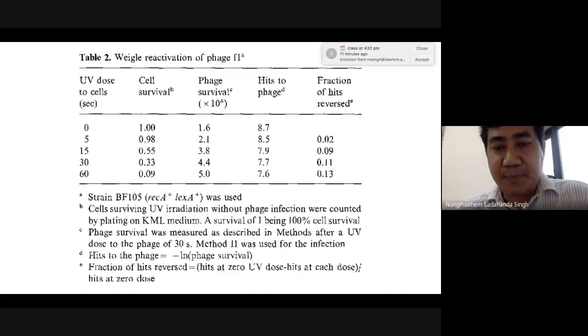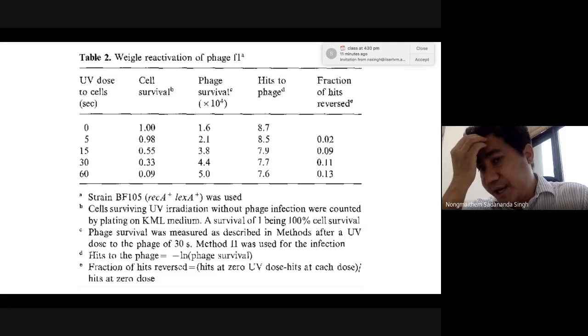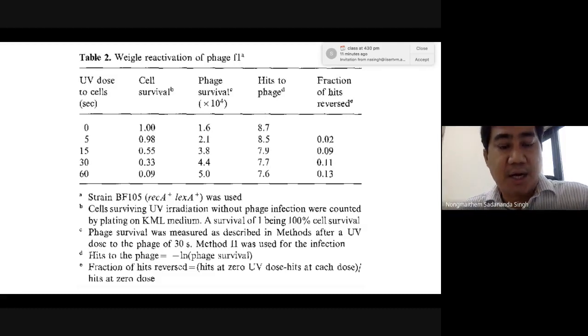First, around 1974, people were looking at UV radiation and the response to it, trying to find enzymes responsible for rescue from UV-based toxicity. It was observed that even if you give a high dose of UV, many times the E. coli cells, or host cells, are able to survive.